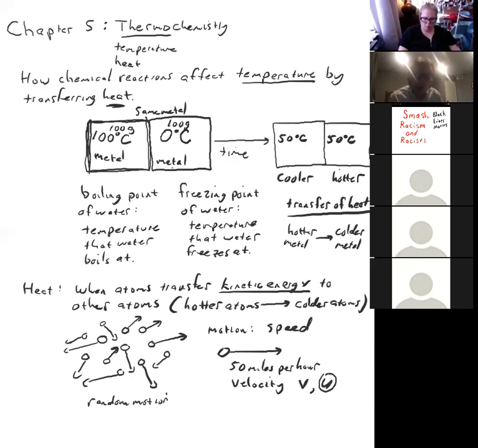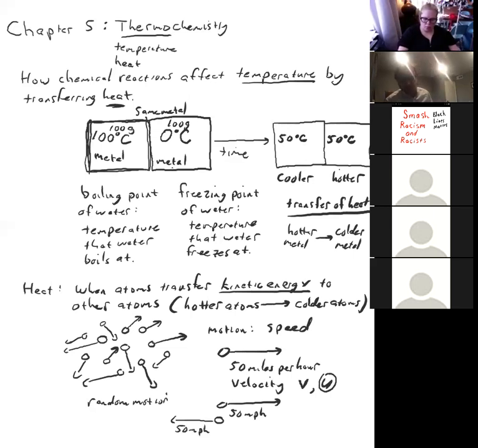Okay. Velocity, I'm not going to get into it too technically. It's really an issue of how you define motion. Velocity is the speed, how fast something is moving, but it also takes into account what direction it's moving. So for example, if an atom is moving 50 miles per hour in this direction, that would have a different velocity than one moving 50 miles per hour in this direction.